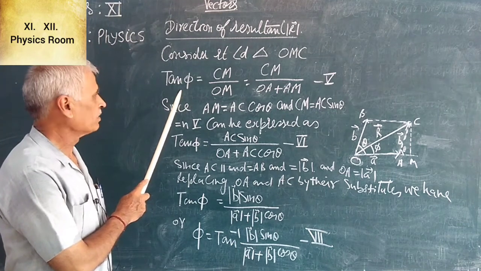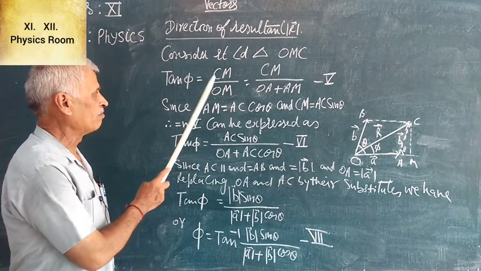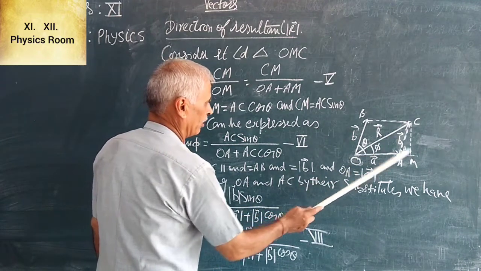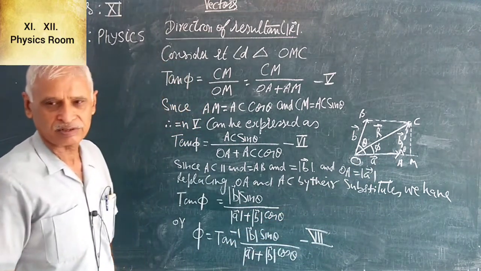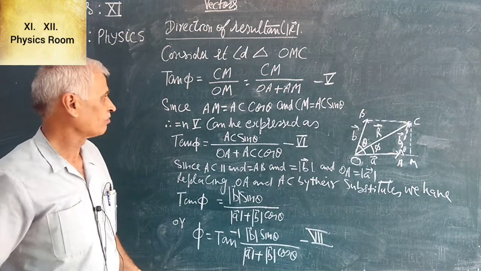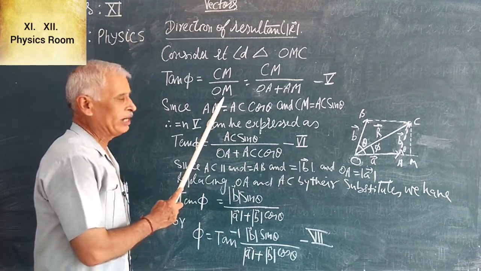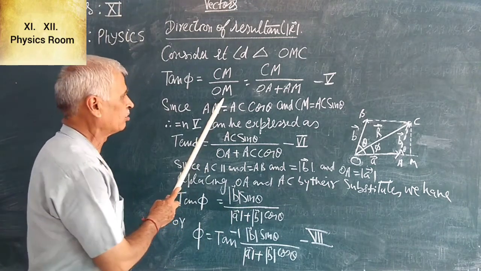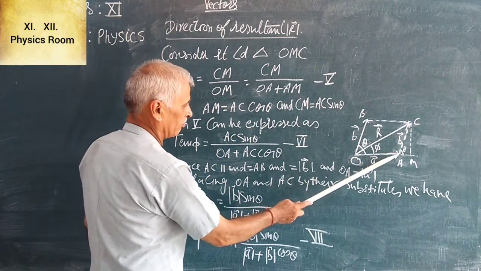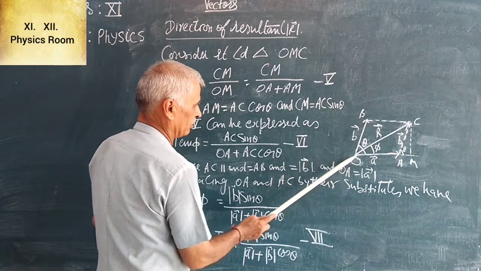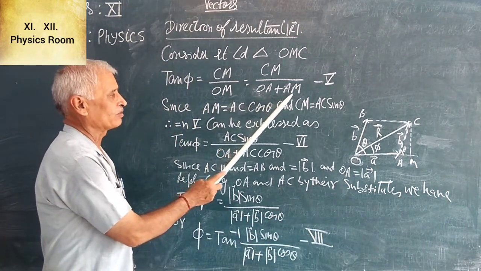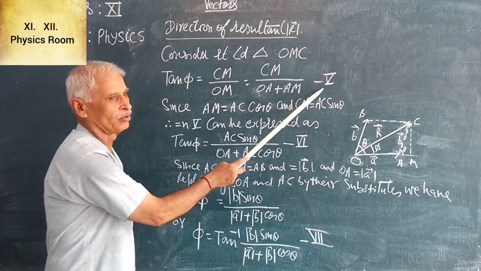Tangent phi is equal to CM over OM. The ratio of perpendicular to base of the right angle triangle gives us the tangent phi. Now OM can be split into two parts, OA plus AM. So we replace OM by OA plus AM. Let us mark it as equation number 5.